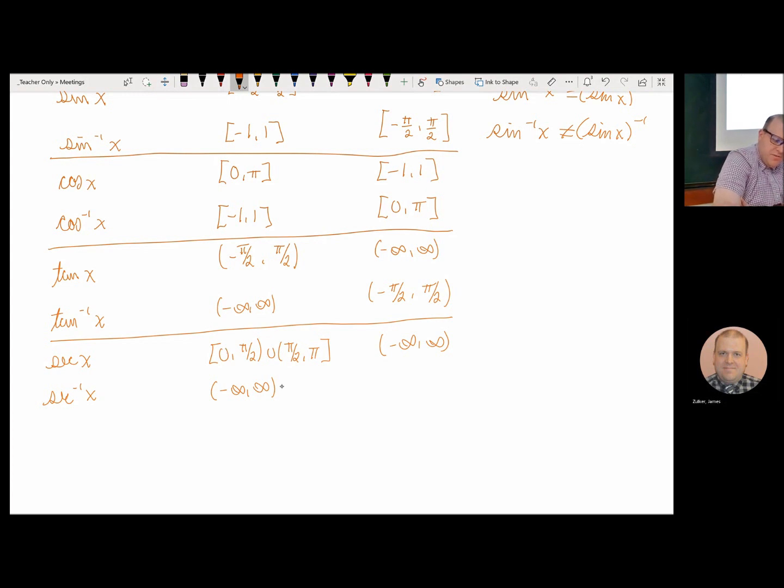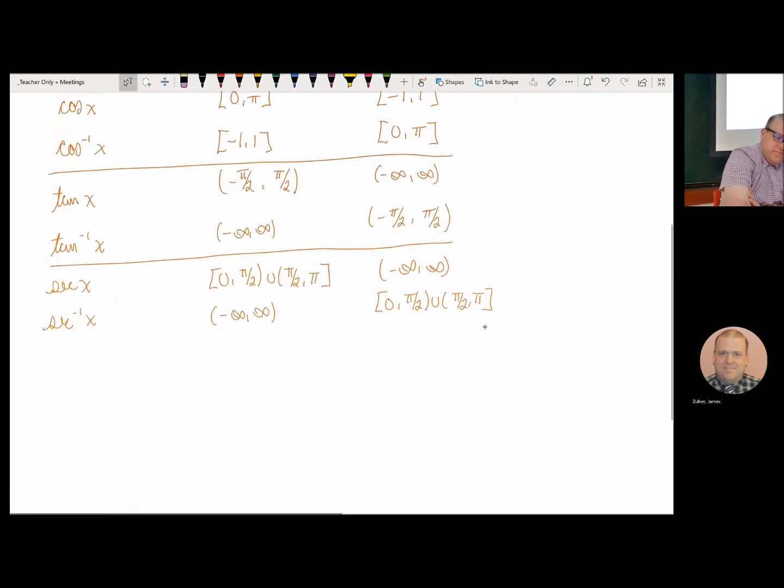Yeah, that's 0. For cosecant, negative pi over 2 to 0 union with 0 to pi over 2.